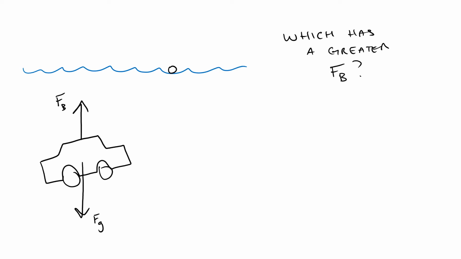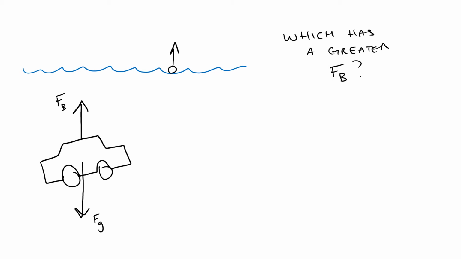But the thing is, the mass of the ping pong ball itself, the weight of this thing, is small enough so that this buoyant force is bigger. So I'm going to try to show with arrows.